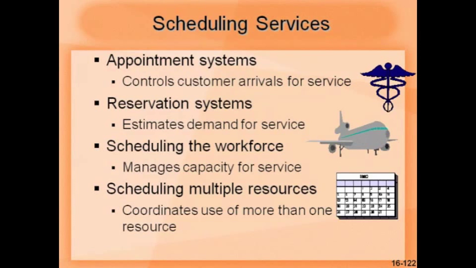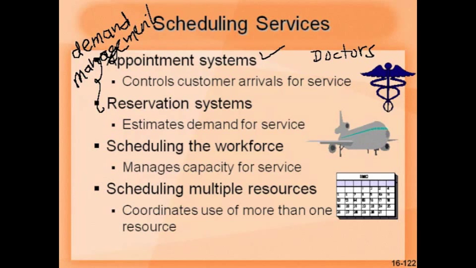Appointment systems are very common, especially when you take an appointment with doctors, that's the system used. So it controls customer arrivals for service. And reservation system, again, similar to appointment system. In fact, with these first two, we are talking about demand management. So reservation system, like for hotels, airlines.